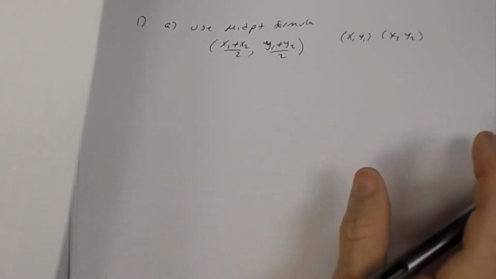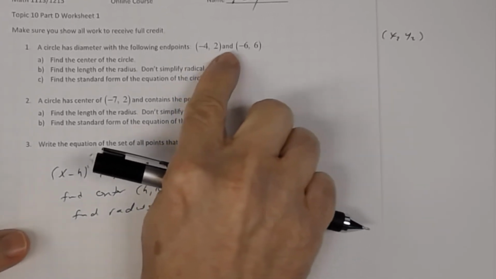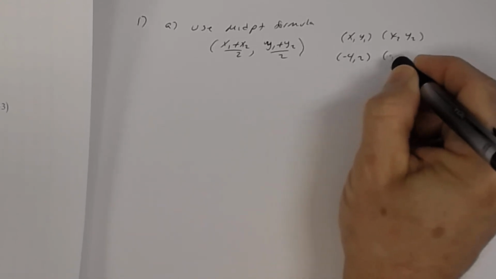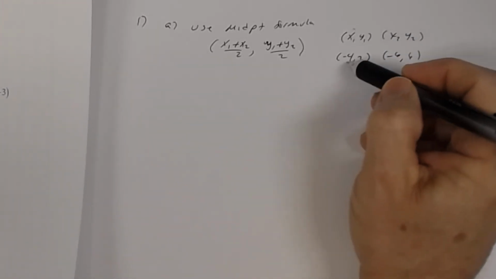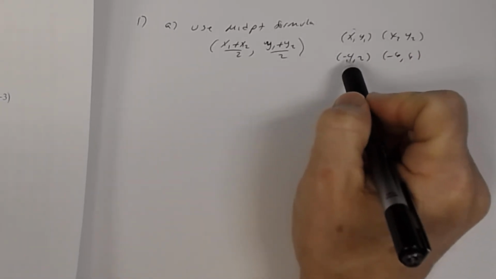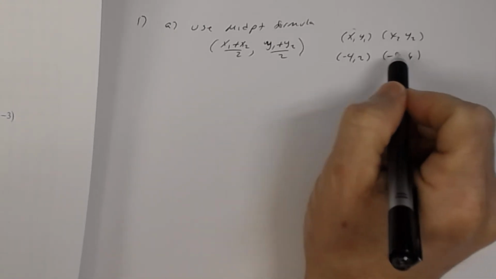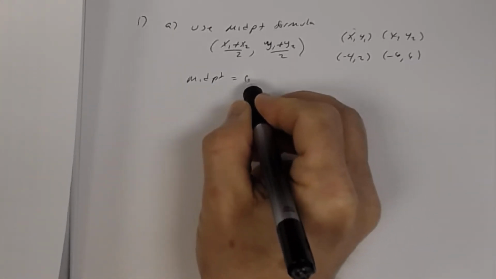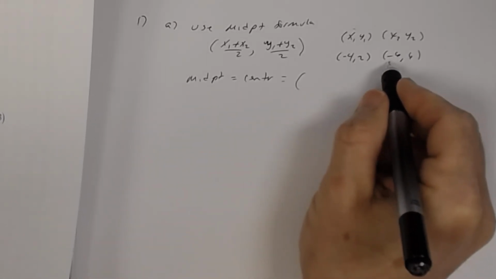In our case, these are the endpoints of our segment: -4, 2, and -6, 6. To find the midpoint, in place of x1 you put -4, x2 is -6, and so on. So the midpoint, which is going to be our center, equals -4 plus -6 divided by 2.